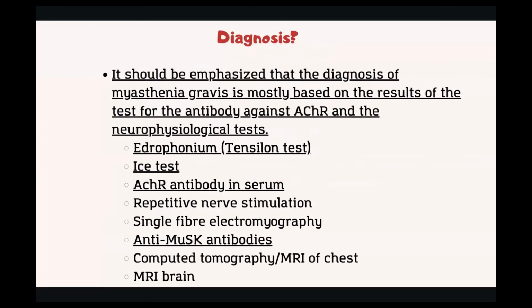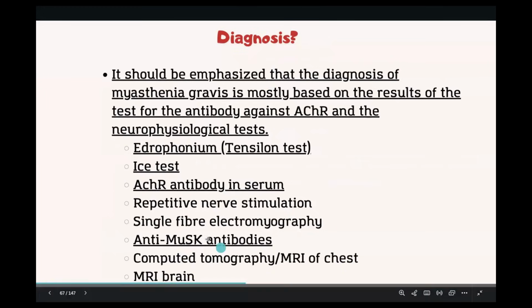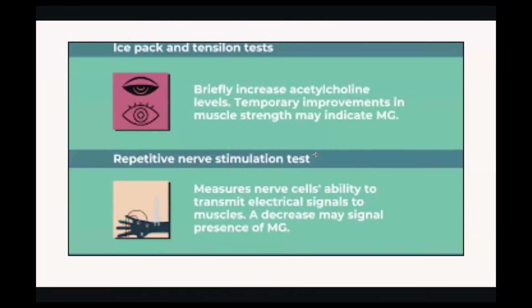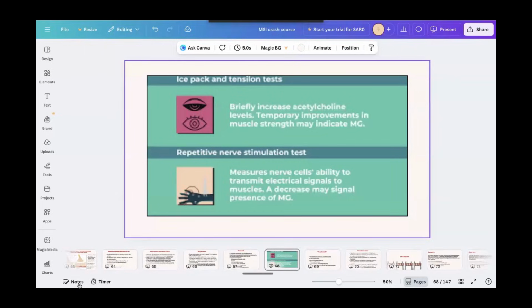How do we diagnose? It's important to understand that the diagnosis is done by serum antibodies against the acetylcholine receptors. Of course, except in the seronegative myasthenia gravis where we do anti-MuSK antibodies instead of the normal antibody. And we have some clinical tests that we can do. We have the hydrophonium ice pack test. So what is hydrophonium?